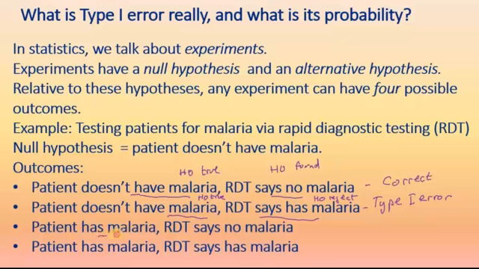Now here we have the patient has malaria. This is H0 is not true, so H0 is not true. But the test says that H0 is true. So not H0 is found. Okay, so this is also an error. This is called a type 2 error.